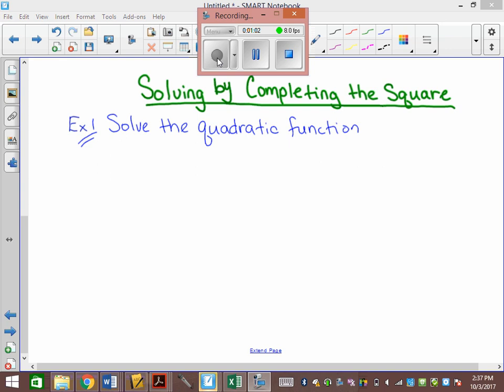If I just went with that, you could use any method I taught you. If it said solve the quadratic function algebraically, you could use any method but your calculator. Okay? If it says solve the quadratic function by something, you have to do that method. So by completing the square.